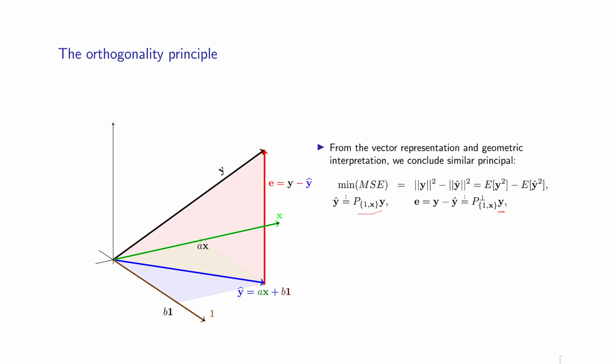If you want to find the closest point in this 2D space, y hat, it has to be an orthogonal projection. Because this is an orthogonal projection, this notation means you subtract y minus y hat. In summary, this error is orthogonal to vector 1, and the error is orthogonal to vector x as well.